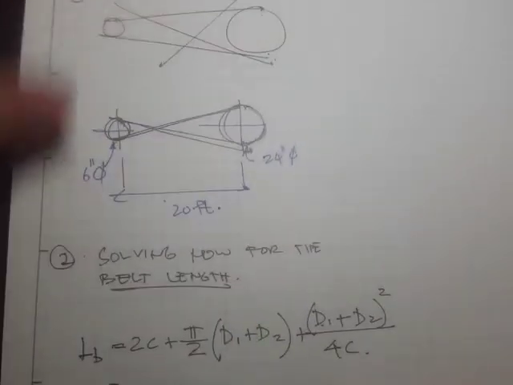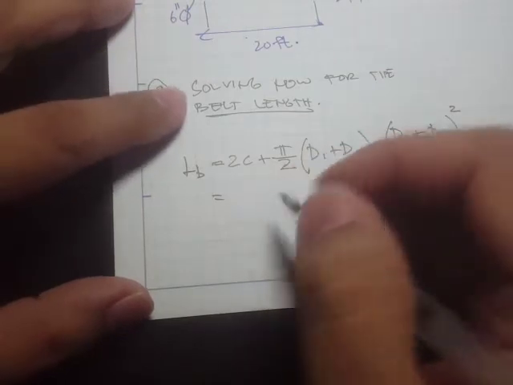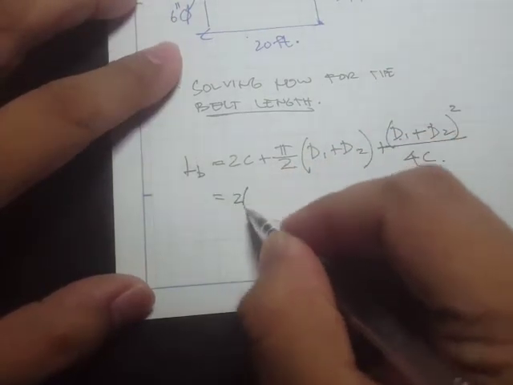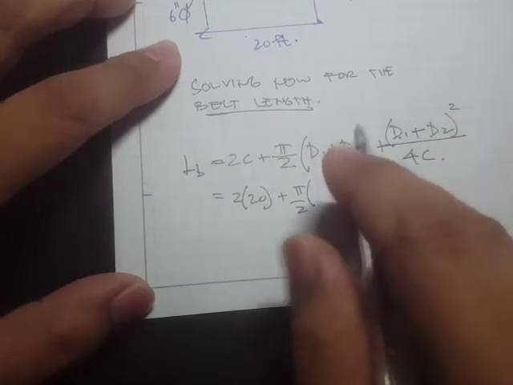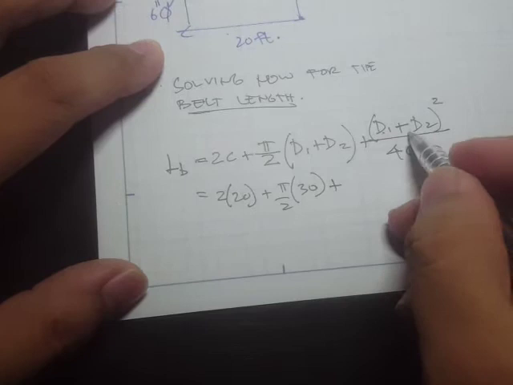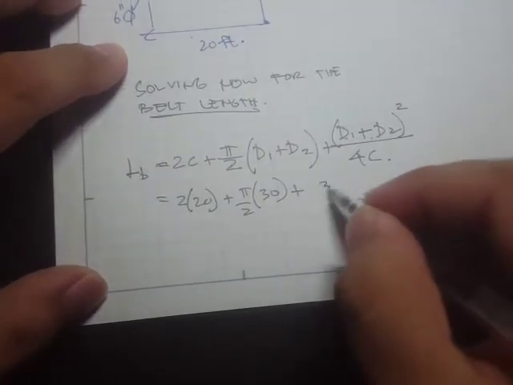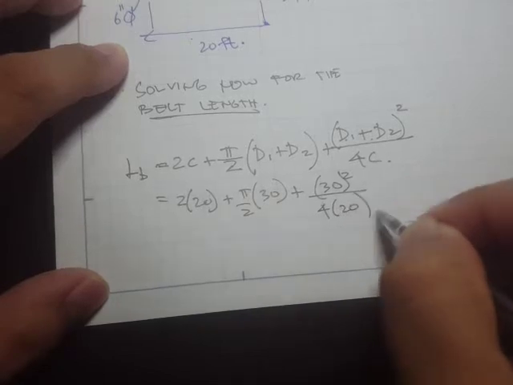Okay, so we just have to substitute all the values and we can obtain the belt length. So 2 times 20 feet plus pi over 2 times 24 plus 6, this is 30 inches, plus 30 squared all over 4 times 20.